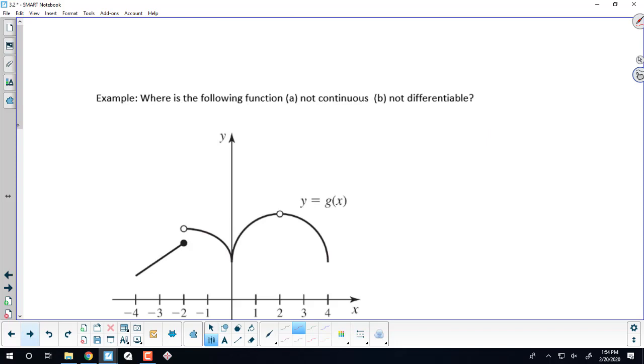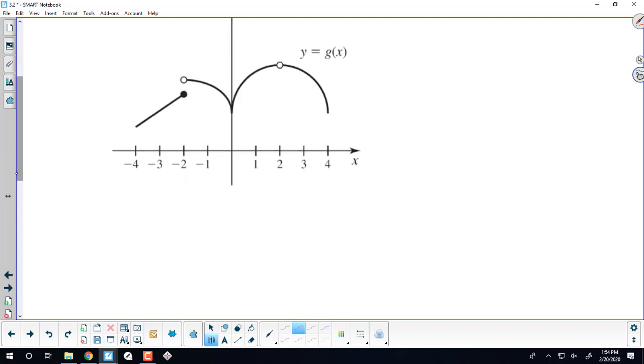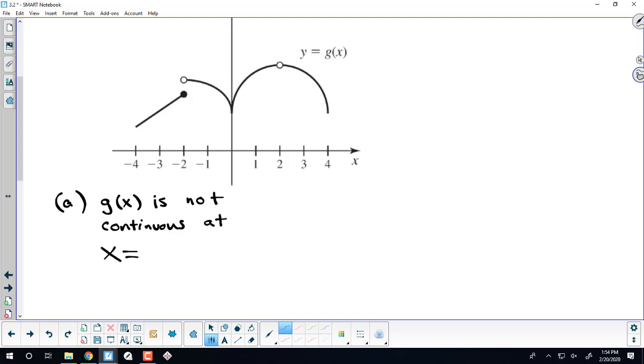So we're going to look at this graph again and ask the questions. 1, where is the function not continuous? And 2, where is the function not differentiable? So part A: g of x is not continuous at what x values? -2 and +2.